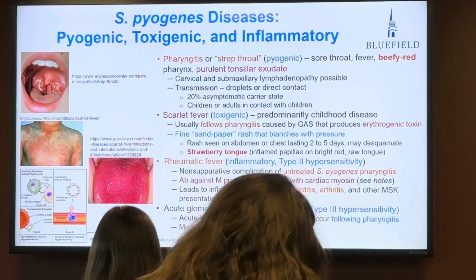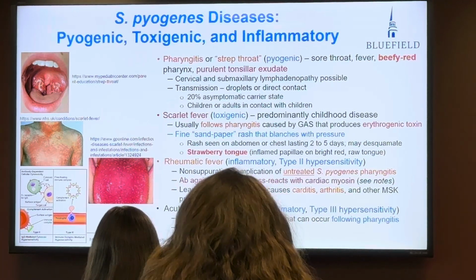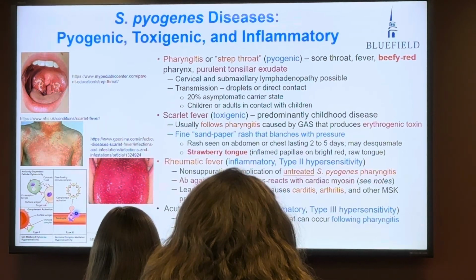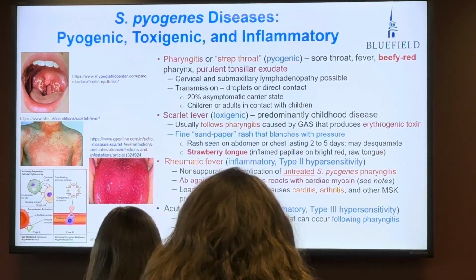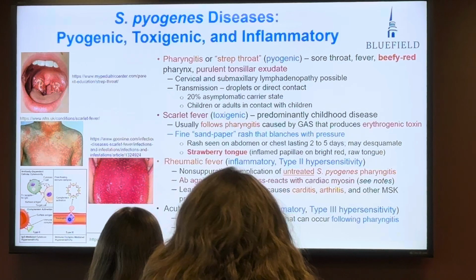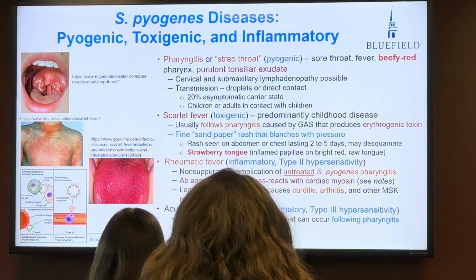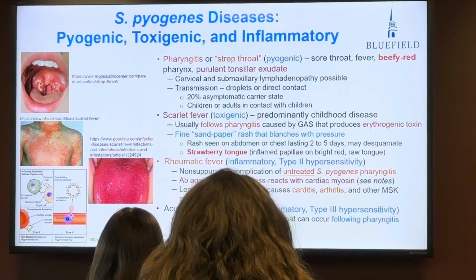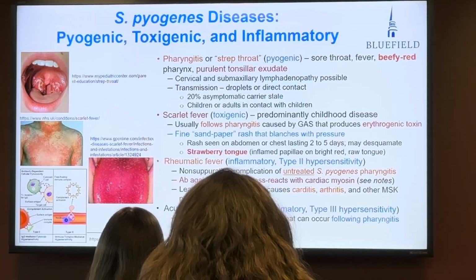A type 2 hypersensitivity reaction, right? Yep, I saw at least one person nod ahead there. So yeah, that's the process. You're not infecting that heart tissue, you're not infecting the joint, but you've got that antigenic mimicry going on, so the antibody recognizes the self protein and binds.